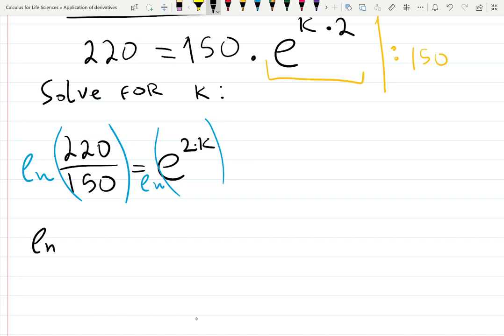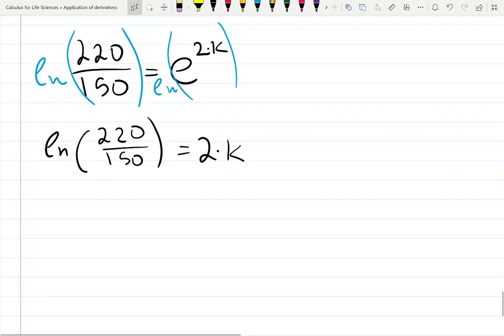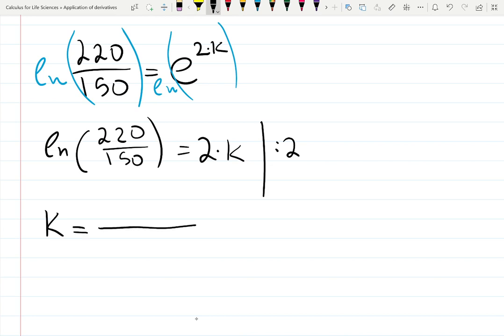And you will have natural log of 220 over 150 equals ln under e, so it will be 2k, thank you. That's how you dig it out from the exponential function. But I need k, I don't need 2k. So let's divide by 2 and write down k equals a fraction and natural logarithm of 220 over 150 over 2.